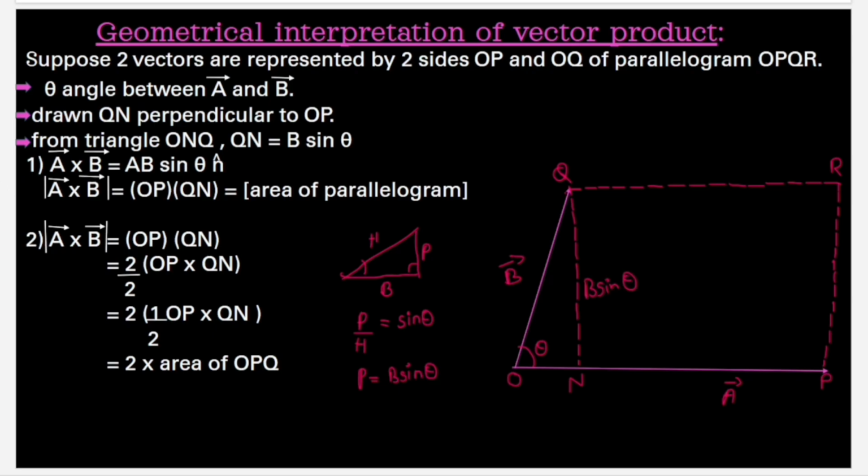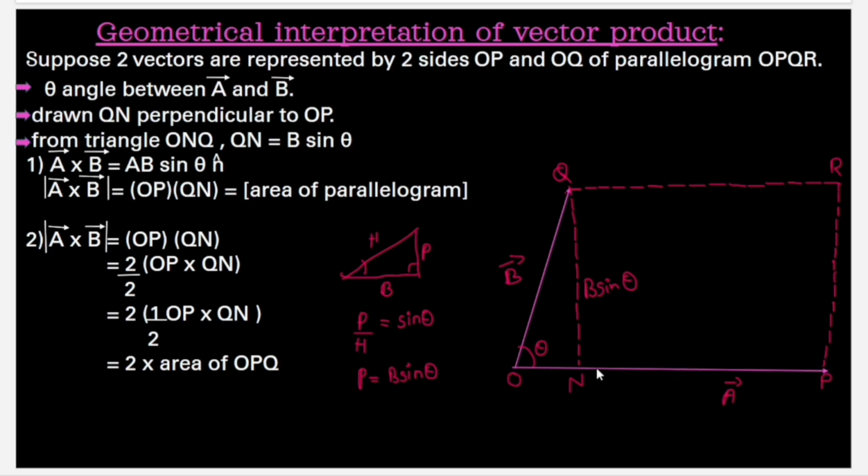First step, A vector cross B vector is equal to AB sin theta n cap. We replace n cap by using mod here. A vector cross B vector mod is equal to A, here OP, times B sin theta, which is QN.